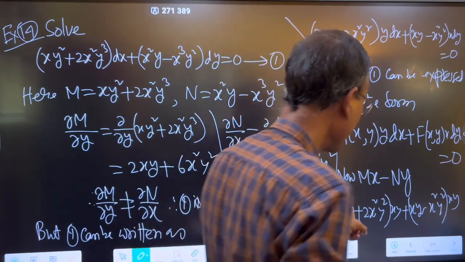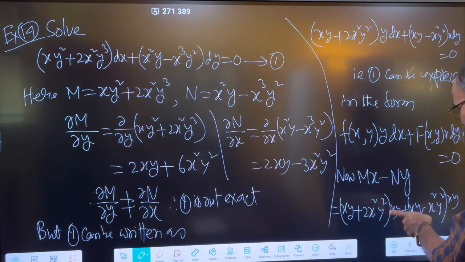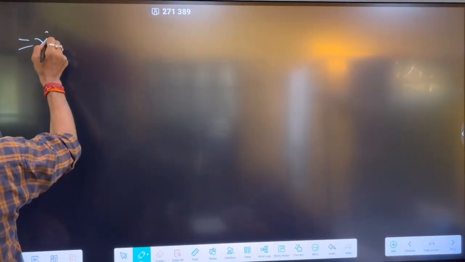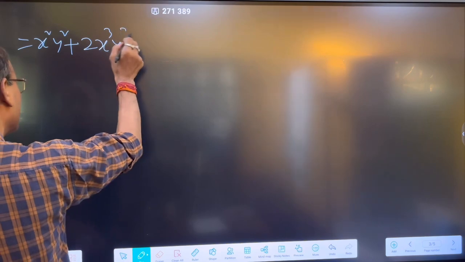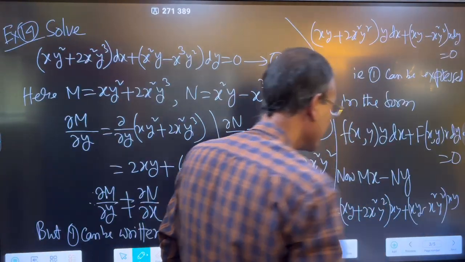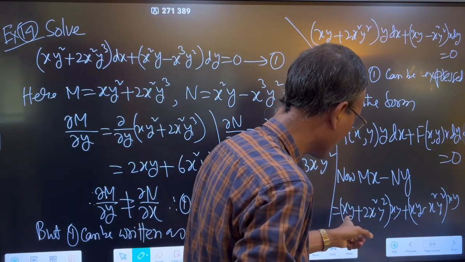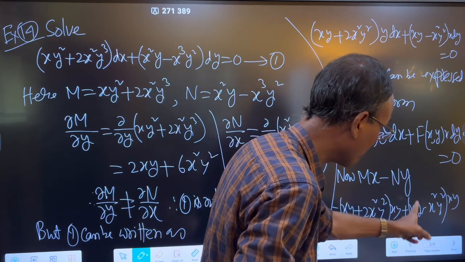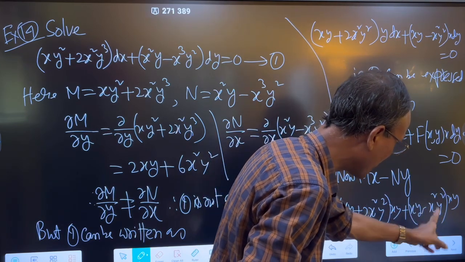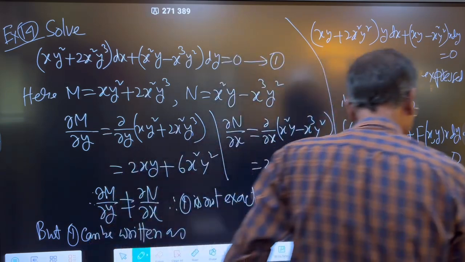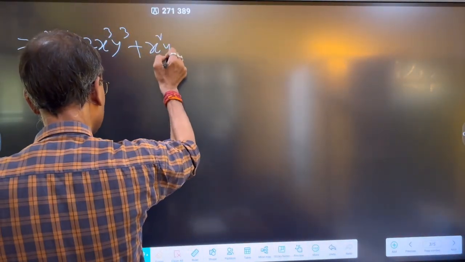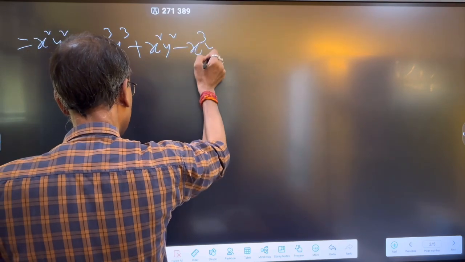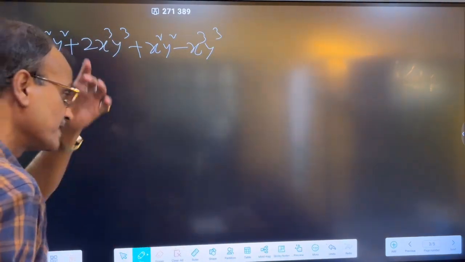This is equal to x square y square plus twice x cube y cube, plus x square y square minus x cube y cube.